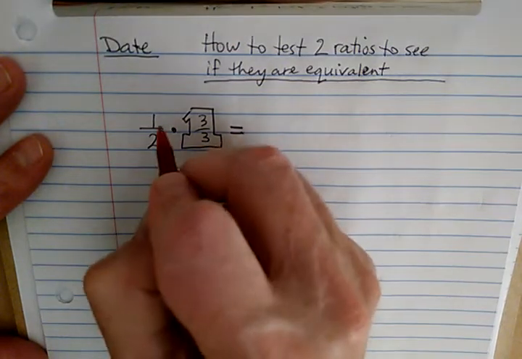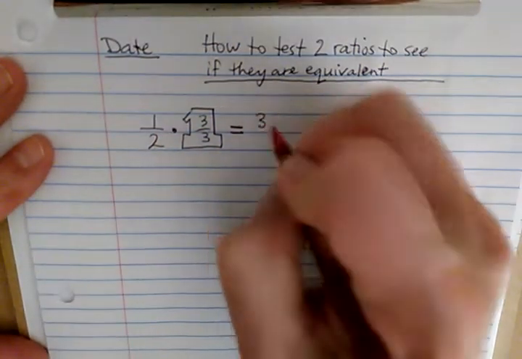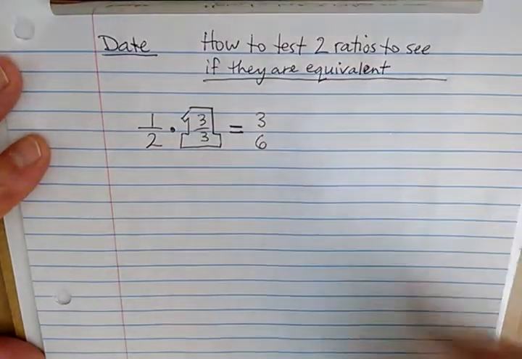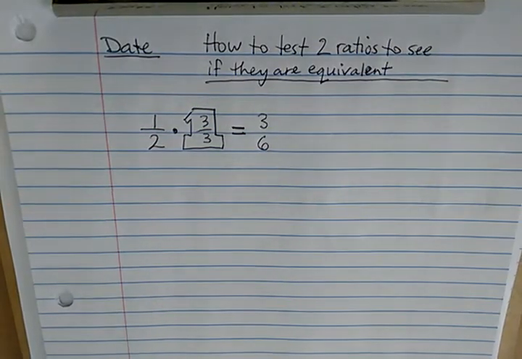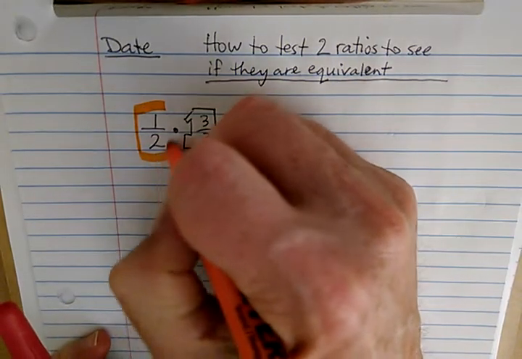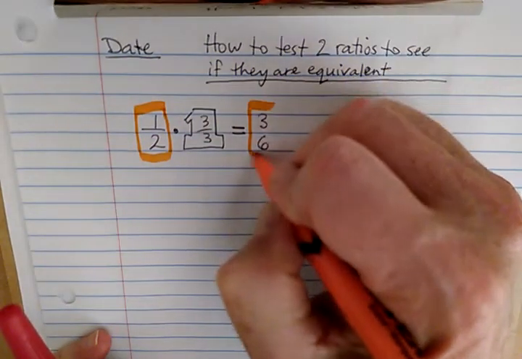So on top we multiply 1 times 3 is 3, and on the bottom 2 times 3 is 6. And now we've got two ratios that are equivalent. 1 to 2 is equivalent to 3 to 6.